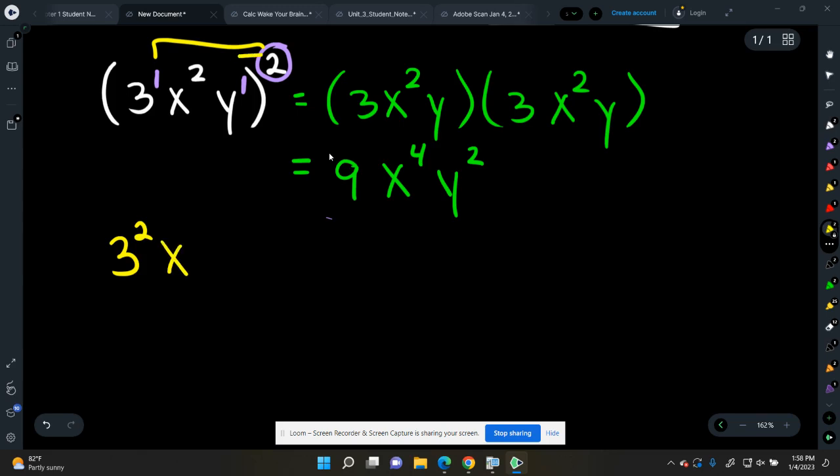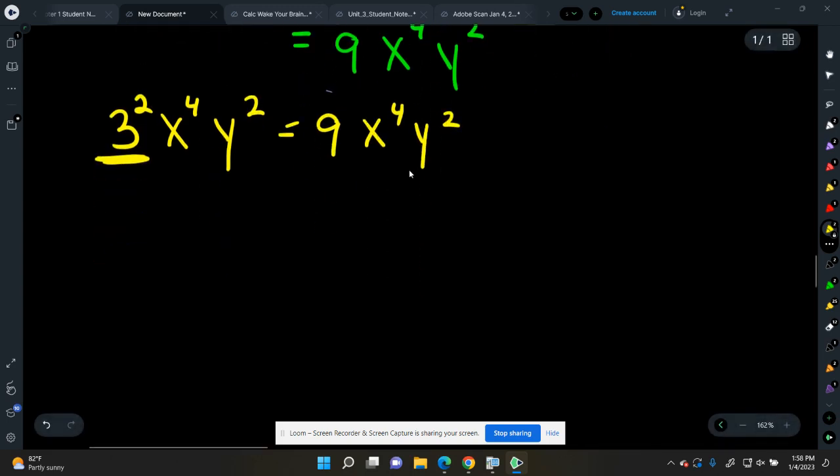X, we do 2 times 2, which is 4. And then y, 2 times 1 is 2. So all we have to do is the 3 to the second, which is 9. And there's our answer.